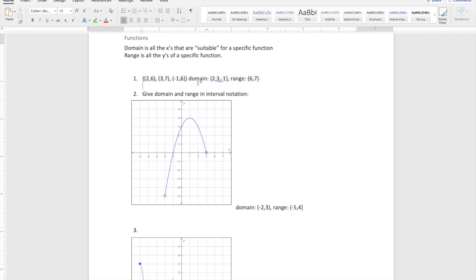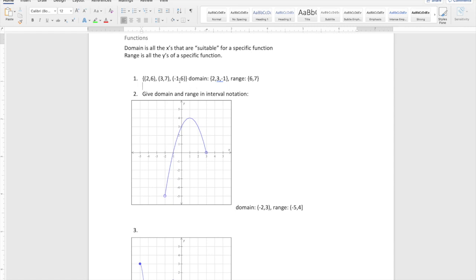What you do for the domain is you simply list all of the x values of that function. So notice that for this set of ordered pairs, I have x values of 2, 3, and -1, and that's what I listed for the domain here. And then the y values are 6, 7, and another 6, and that's what I have listed here.